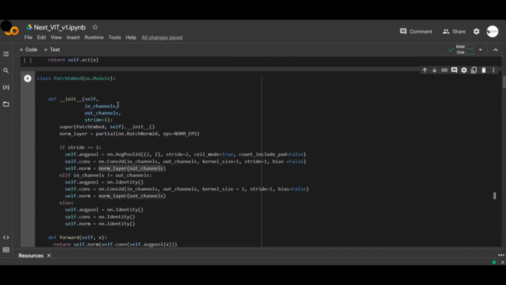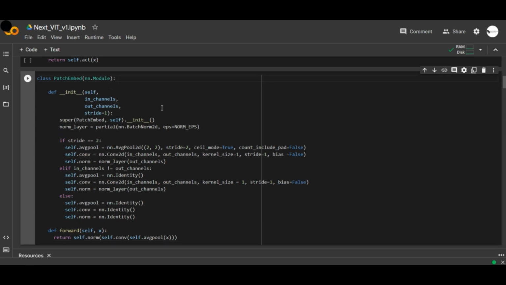Now looking into the patch embedding. The patch embedding is used to extract features from regions of the image. We convert an image into a sequence of fixed size patches that can be processed by the subsequent components.